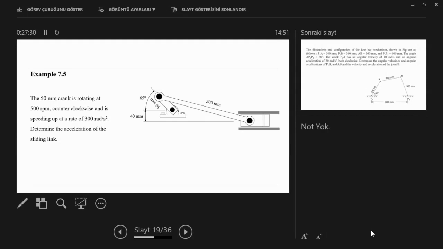But the cam mechanism, and so the important for you can be also the static force analysis and dynamic force analysis, and for the mechanism, the crank slider or crank rocker mechanism.